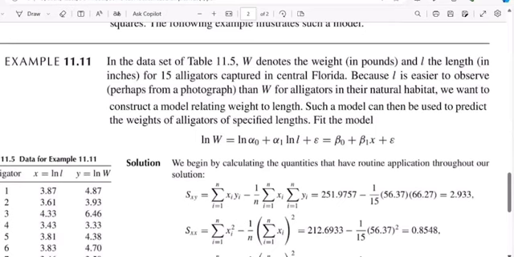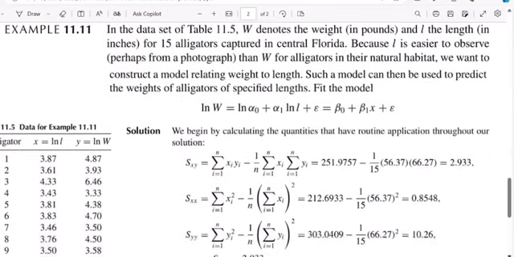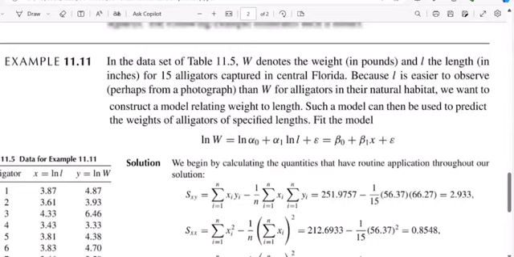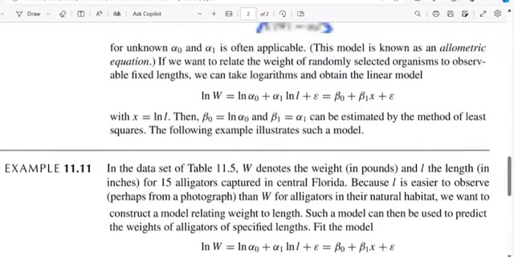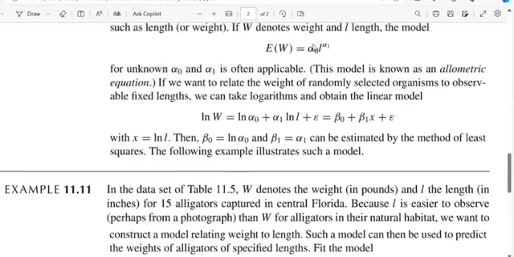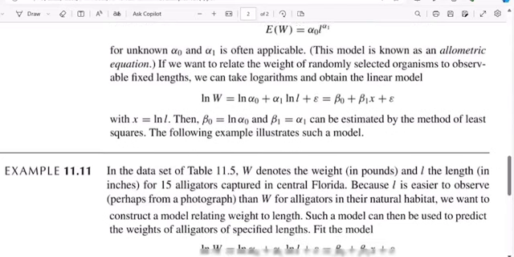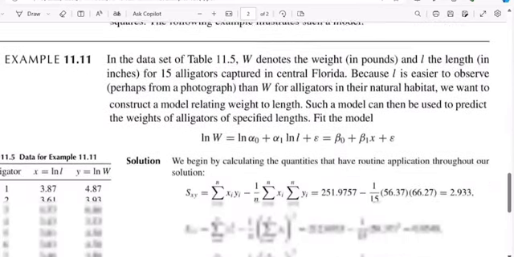Let's assume they specify the model. We linearize. Okay, the model is this. They are relating the weight of alligator compared to the length, and this is the model specification. We introduce a log, linearizing for us to be able to use a linear model, and this is our data now.